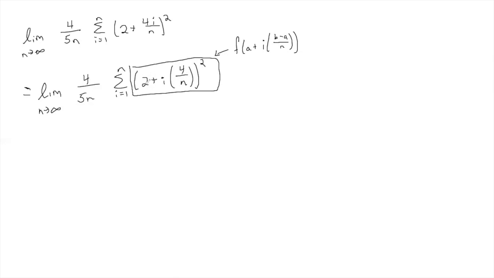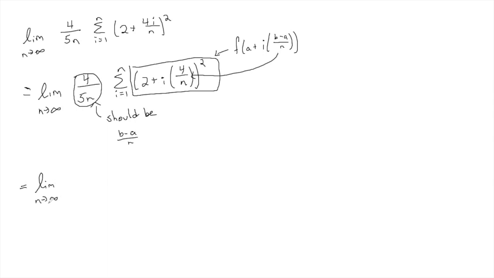Here's my a. And then I have the i floating around where it has to be. The weird thing out here, though, is that this should be b minus a over n. But it's not quite that, right? B minus a over n, it looks like, should be just 4 over n. I have an extra 5 on the bottom. All right, so how do I correct for that?